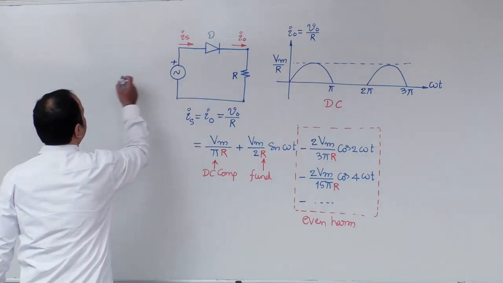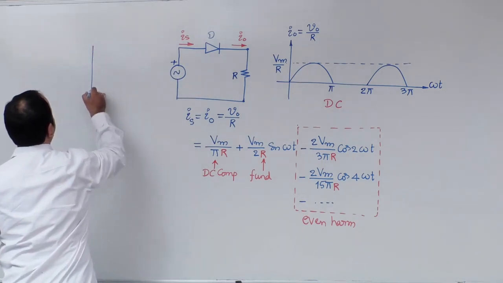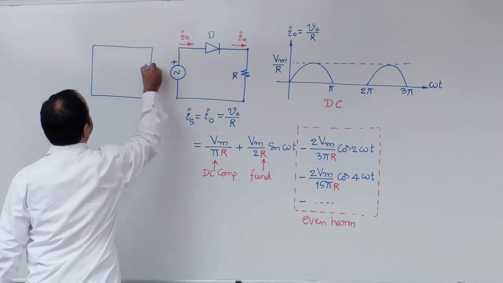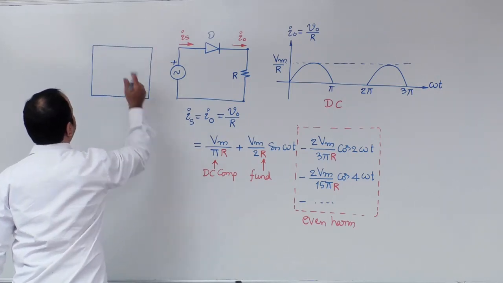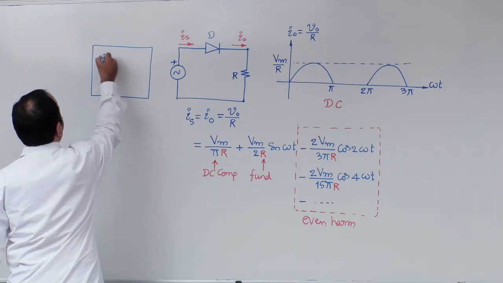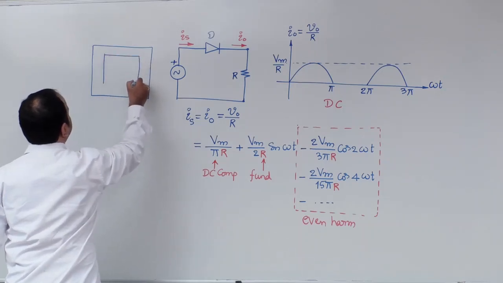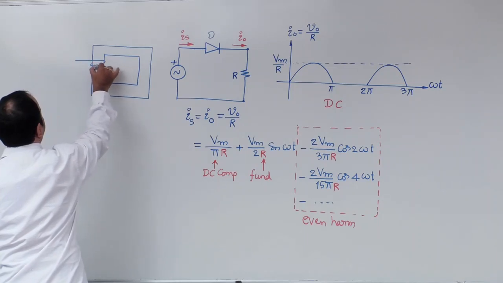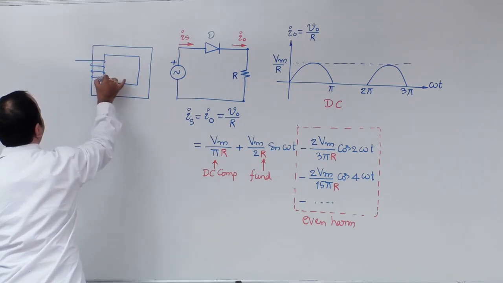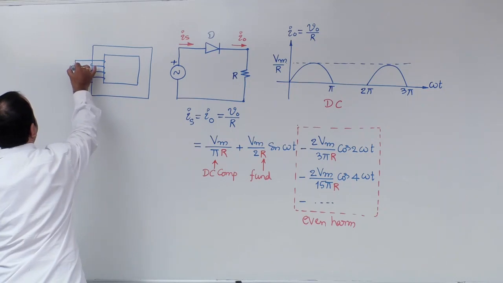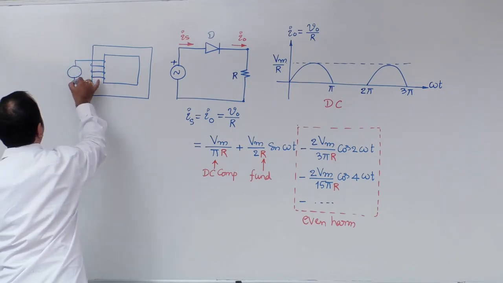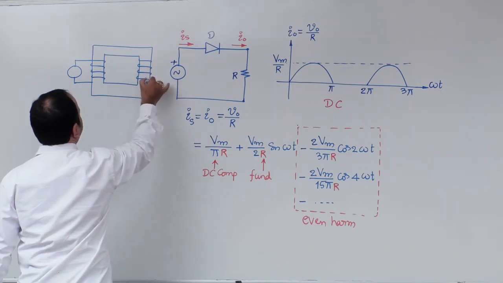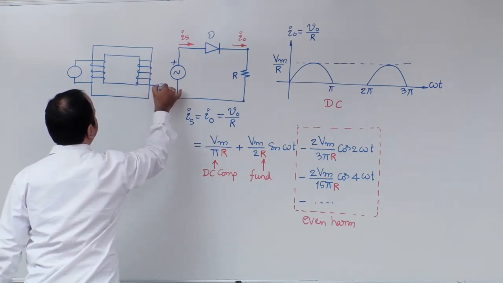Now, if you observe closely, input for any rectifier circuit basically will be taken from some transformer circuit. Therefore, what is the concept of a half wave rectifier circuit?